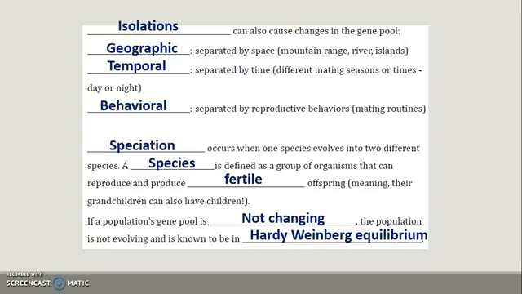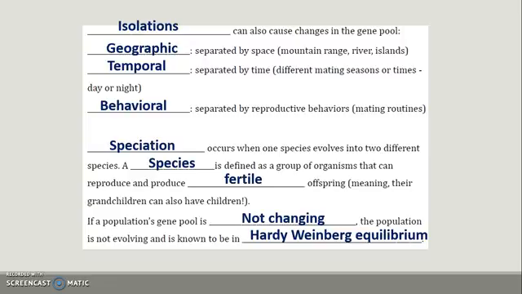They have the same number of chromosomes, and that's what makes you the same species. So a human being cannot mate with a dog because we have a different number of chromosomes. We're not the same species. So a species is when two organisms can come together to make fertile offspring, meaning that their children can have children, and then their grandchildren can have children, and it can continue on and on.